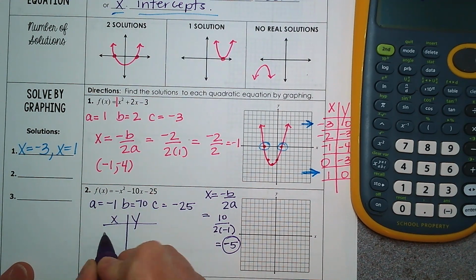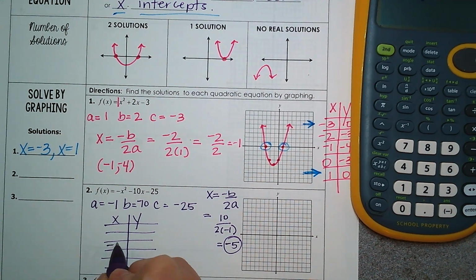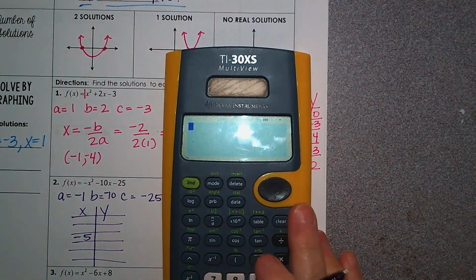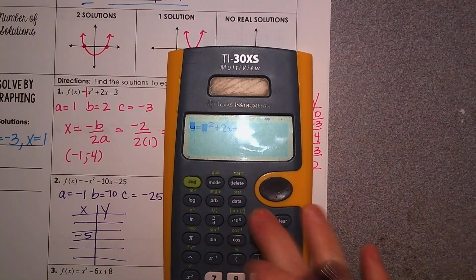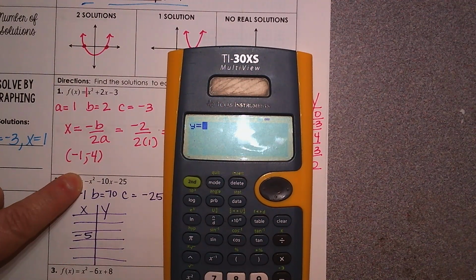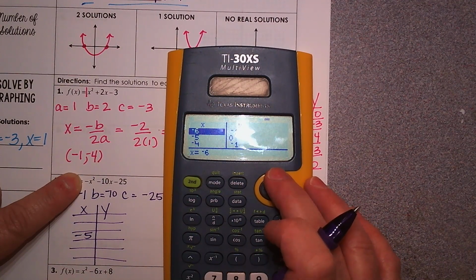I need to find all 5 points. Well, at least 5 points. Put your vertex in the middle. Get your table on your calculator to find the other points. Press table, clear whatever's there, and punch in your equation. Negative x squared minus 10x minus 25. Scroll up to find your x value of your vertex.